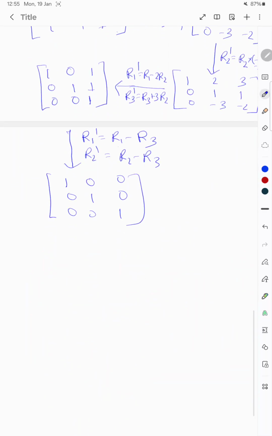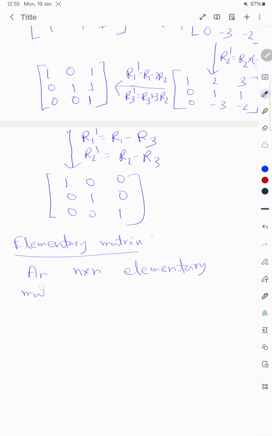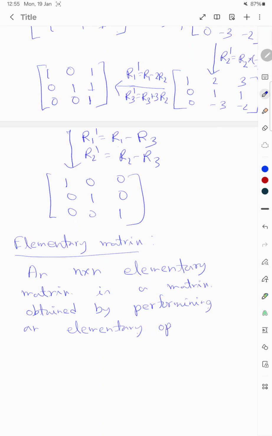So if I write the proper definition of elementary matrix, basically an n cross n elementary matrix is a matrix obtained by performing an elementary operation on In.